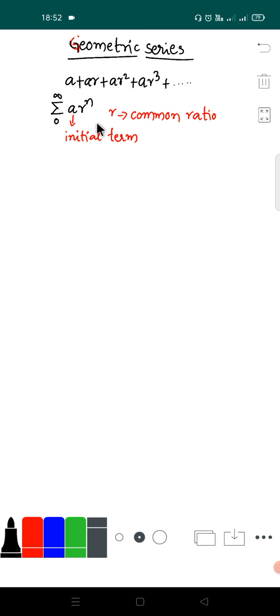This is the general form of the geometric series.